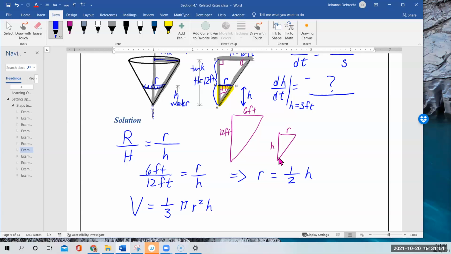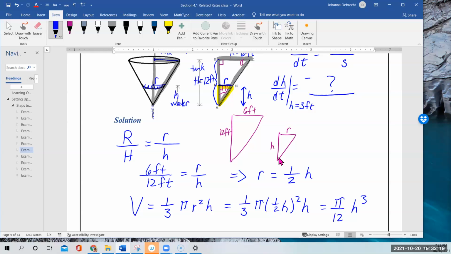Now I can replace r with 1/2 h. This gives me 1/3 pi times (1/2 h) quantity squared times another h. When I square 1/2, I get 1/4 h squared. The 1/4 times 1/3 gives me 1/12, or I can write it as pi over 12, and then I get h cubed.